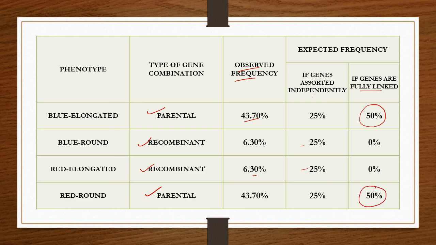There is no formation of recombinants if genes are fully linked. Recombinants are formed when genes are not fully linked, that is, incomplete linkage leads to recombinants due to crossing over. If they are completely linked, there is no chance of crossing over, and recombinants are absent.